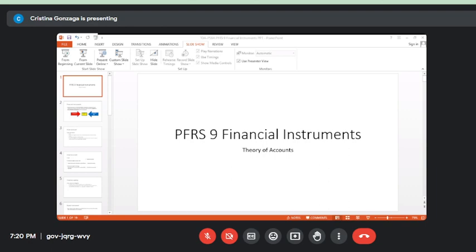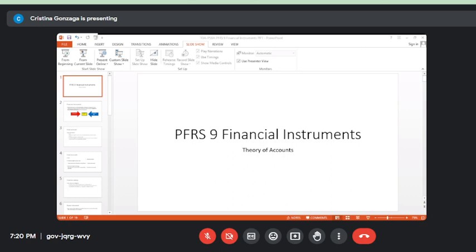Now, another classification is held to maturity. So, ito yung katimbang ngayon ng classification na financial asset at amortized cost. Kaya ibig sabihin, doon held to maturity, you will have to ask yourself, ano ang measurement basis nito?